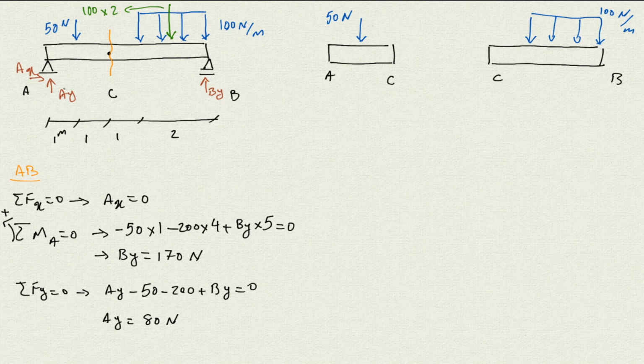And then we have the external forces, AX and AY. So we have the AX, we have the AY here, and then we have the BY here. And then we have the internal forces. Remember, we draw them in the normal direction. So we have the N at C here.